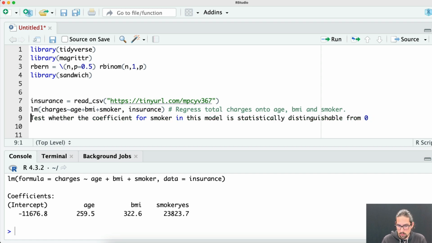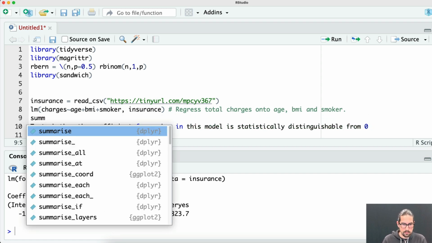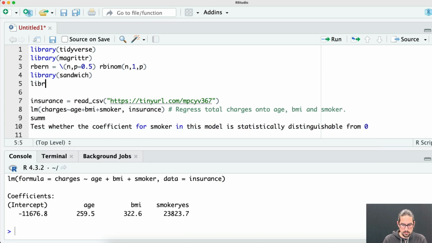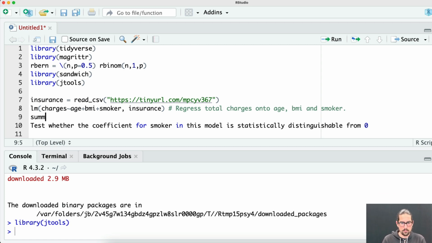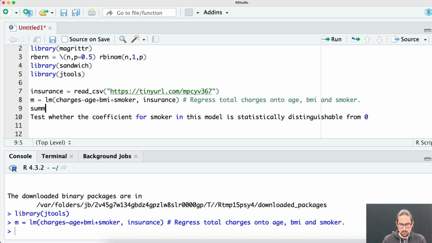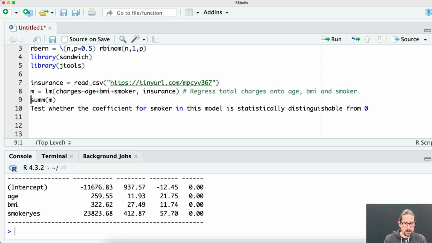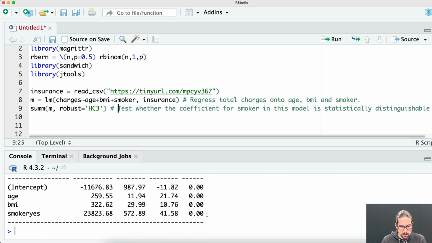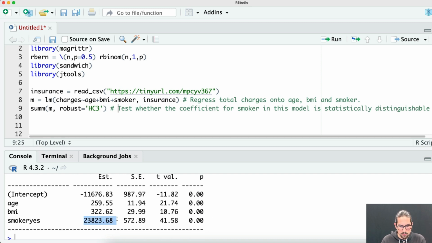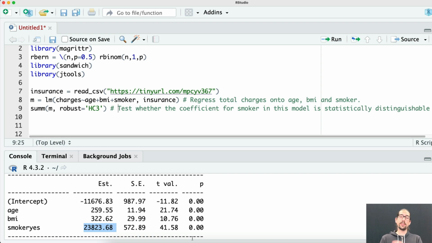So maybe the fastest way would be to do this, and this is based on the classical approach. I would like to look at this p-value here to test whether this coefficient is statistically indistinguishable from 0, and the p-value is tiny.